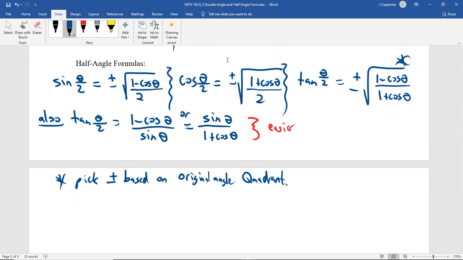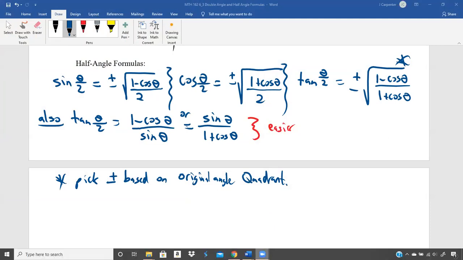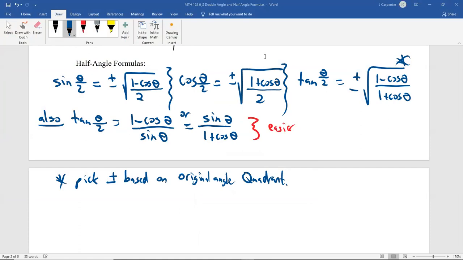And hold on, how do I do that again? Nope. There's supposed to be a pause share button. And something's changed. I'm thinking.